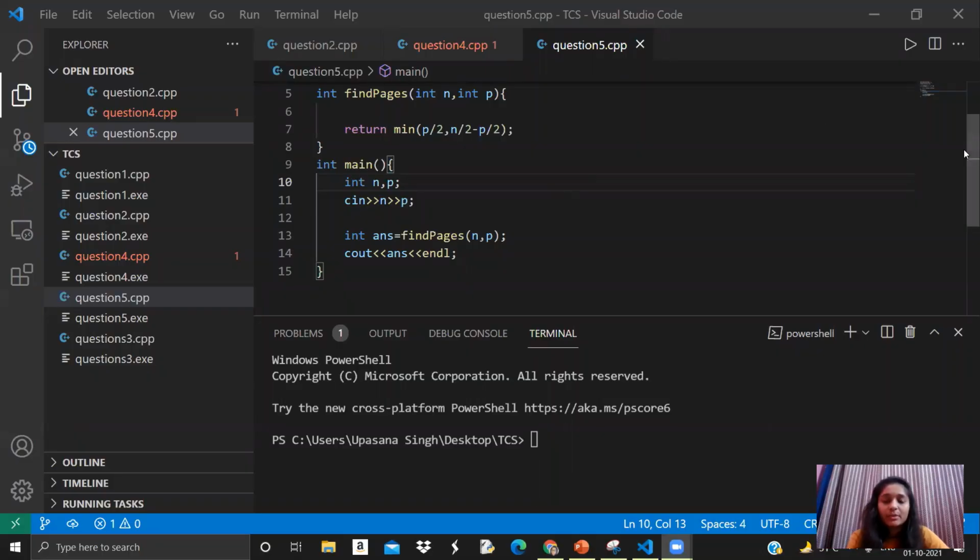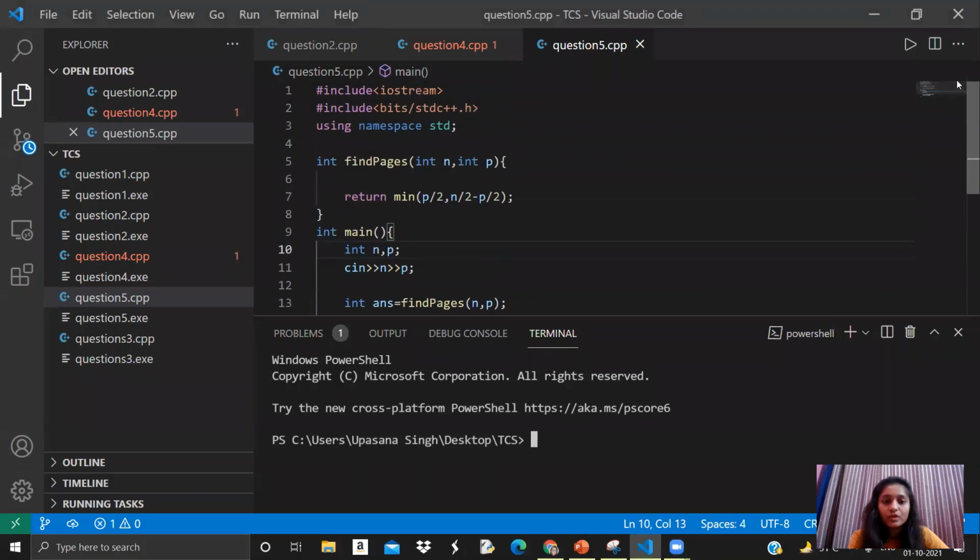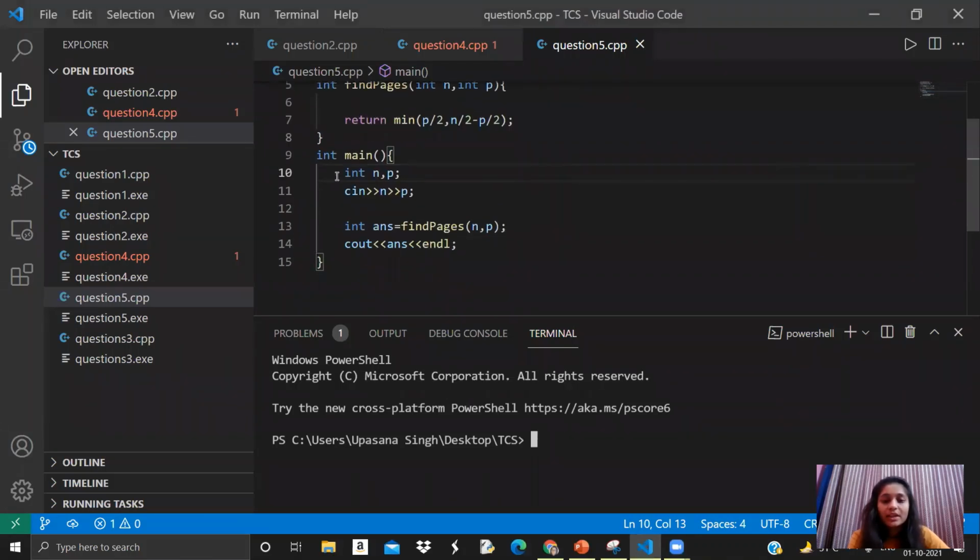Coming on to our implementation part, this is the solution for the question. So it is very small. Here I am taking the values, the number of pages and the page on which we need to reach, as input. Now I made the function find pages, and whatever the number of turns will be is returned. I'm storing that answer in the variable answer, and then I'm printing that answer.